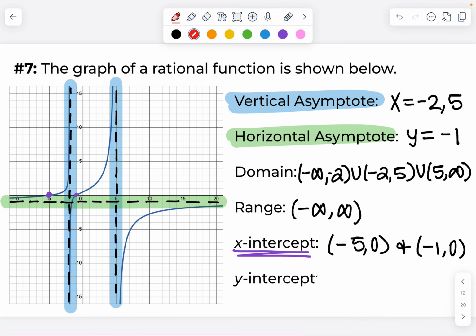My y-intercept is where I cross my y-axis, and again, that is right here. Again, that's not at a whole number, so I'm just guesstimating that decimal as being at around 0.5. And that is my y-intercept. So that is finding characteristics of rational functions, just given the equation and then also given the graph. So let me know if you guys have any questions about any of that.